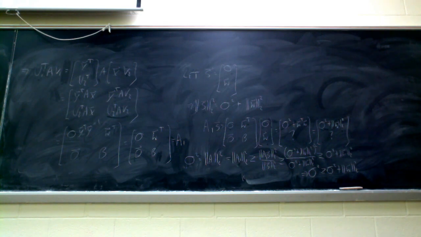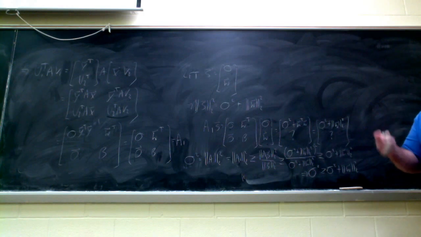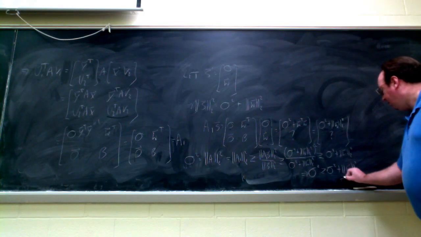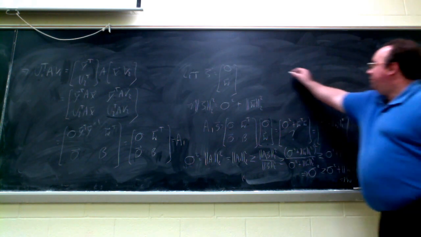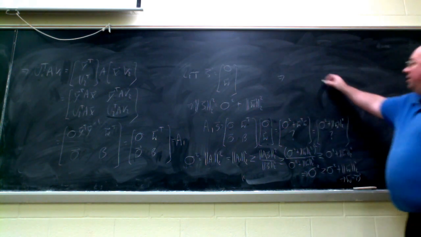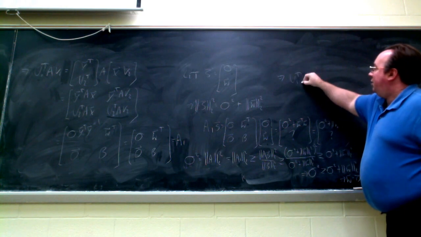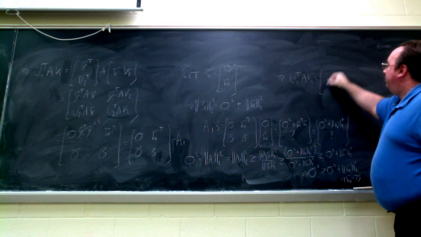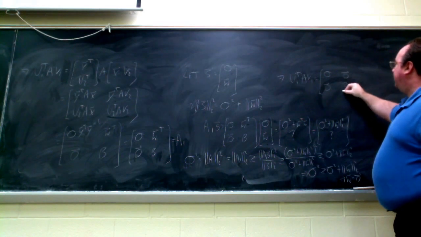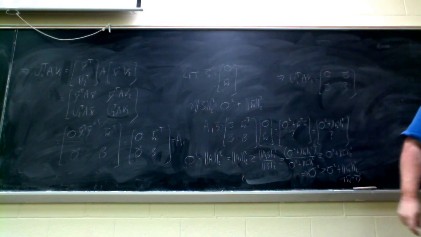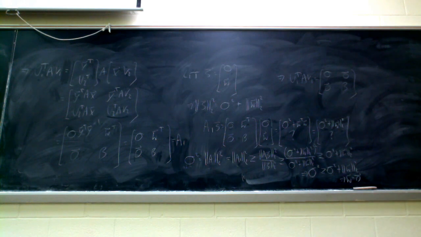Norm of W must be 0, therefore W itself, by properties of norms, must be 0. So my conclusion of all this is U1 transpose A V1 is equal to sigma 0, 0, and then some matrix B. So it has that form. In other words, I have a block diagonal decomposition.